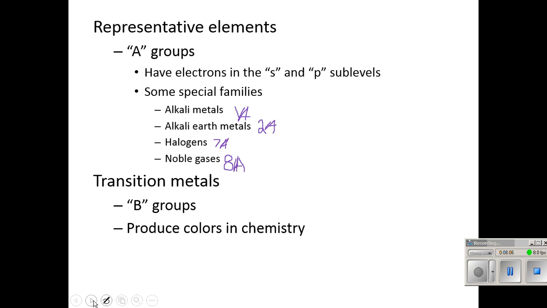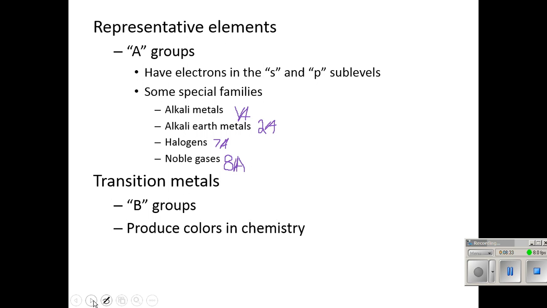What's cool about the transition metals is they're weird because they can change their number of valence electrons. They have this big d orbital, and because of this, almost anything in chemistry that has some kind of bright color like blue or green or yellow has a transition metal in it.